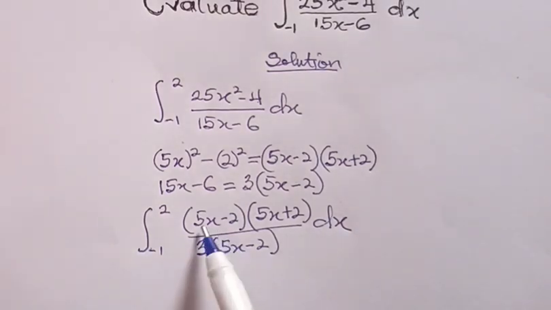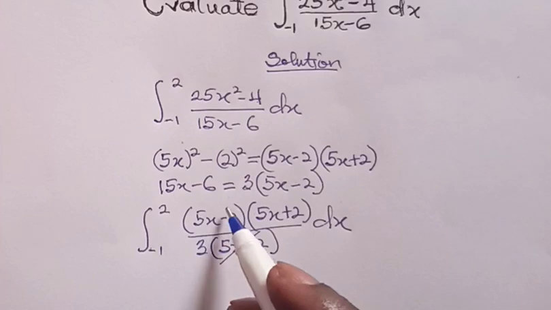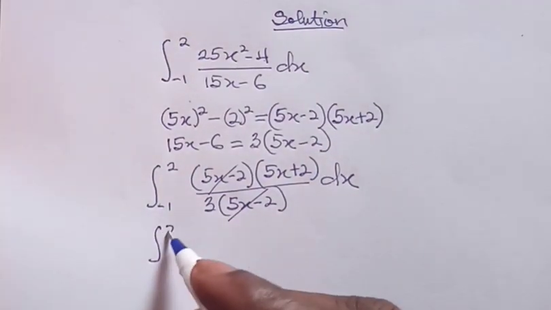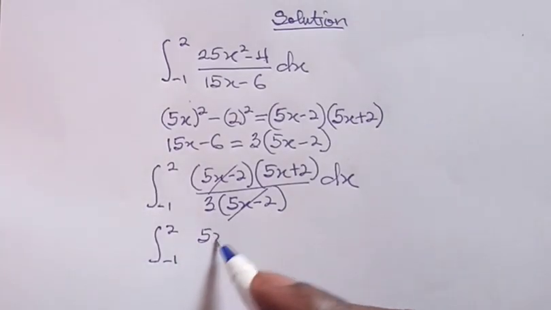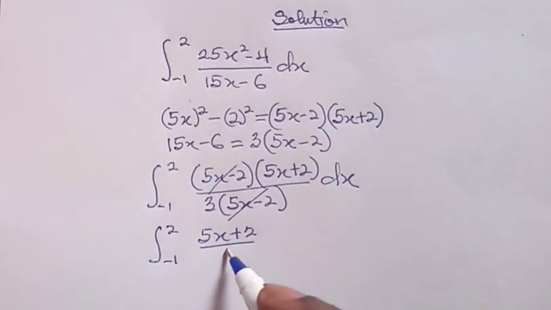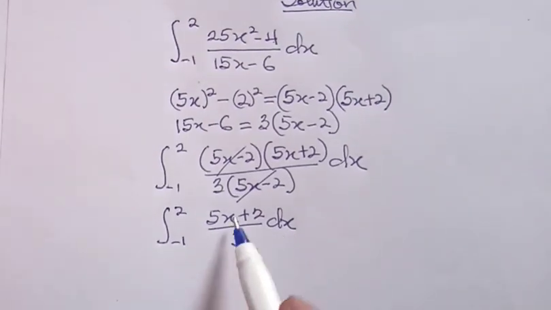Good. Now since we have 5x minus 2 here, we can see that we also have 5x minus 2 there. So we can cross this out. Then we have (5x plus 2) all divided by 3 dx. Good. So this is what we are going to deal with.